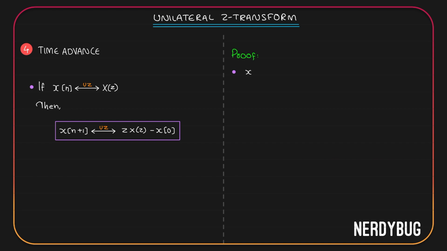First, let's take x of n. Assume x of n is 0 for every value of n that is less than 0 because we are dealing with unilateral Z transform. So x of n will be the set of x of 0, x of 1, x of 2, etc. So its unilateral Z transform X of z will be x of 0 z raised to 0 plus x of 1 z raised to minus 1 plus x of 2 z raised to minus 2 plus it goes on like that.